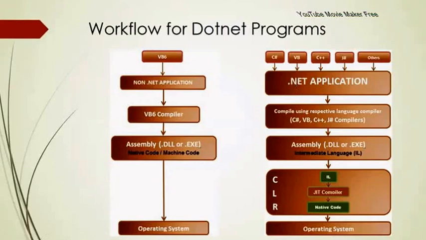First, the .NET application gets compiled into intermediate language, IL. It is also referred to as Common Intermediate Language, CIL, and Microsoft Intermediate Language, MSIL.